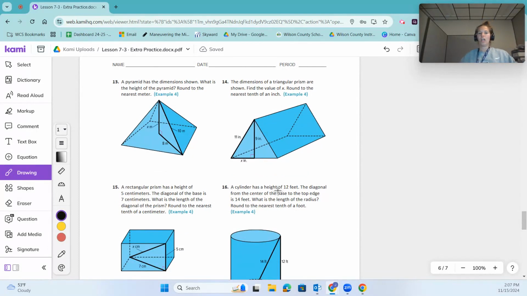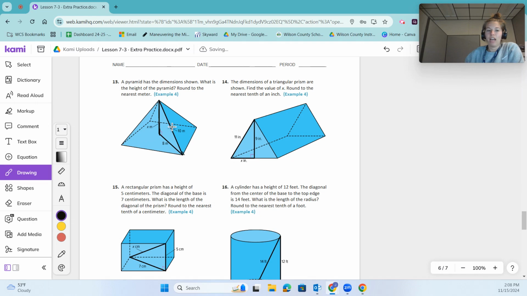Now, these are doing Pythagorean theorem in three-dimensional figures, okay? These give you nice diagrams here so you can see we have this pyramid. X here is a leg and it's the height of the pyramid, okay? Then 8 here is the diagonal from the center of the pyramid to the corner.